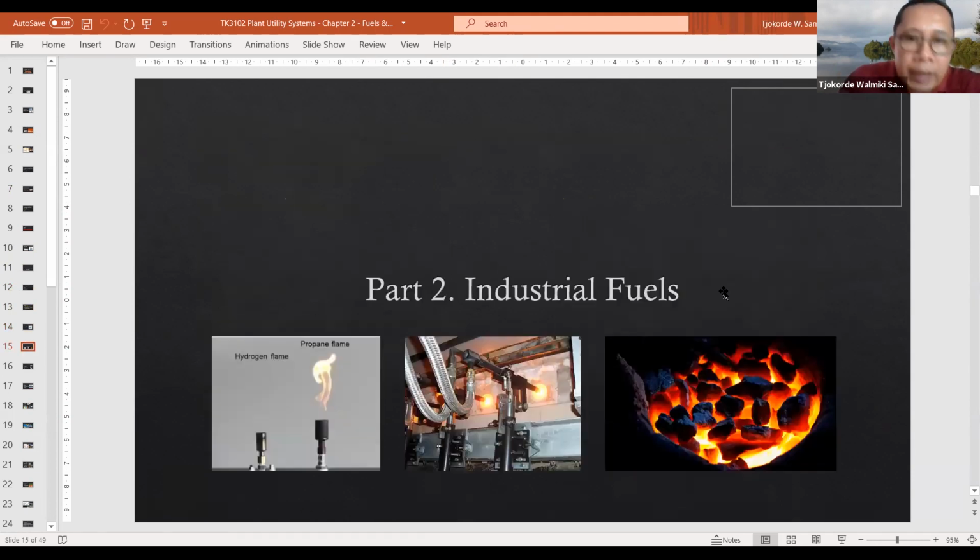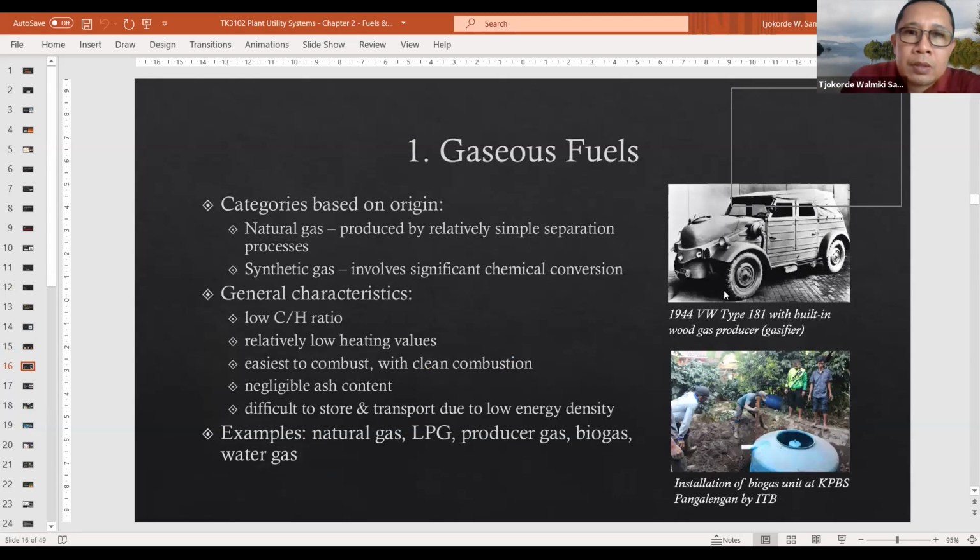This is what I want to discuss a little bit more, which is the review of types of industrial fuels. We have gaseous fuels. The general characteristic of gaseous fuels is that they are clean burning, so they produce the least amount of harmful emissions per unit energy that they generate.